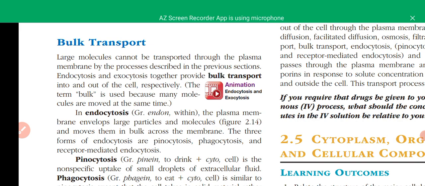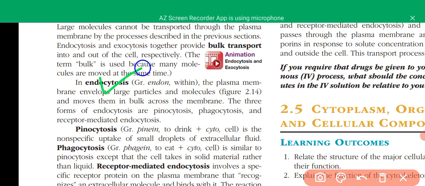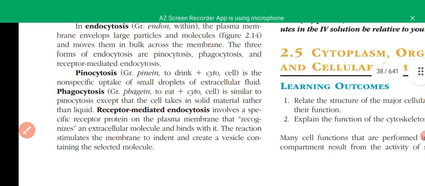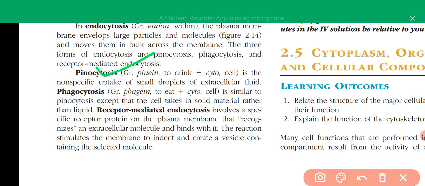In this way, the cell membrane gets involved: cell membrane can be used up or added in particular processes. Endocytosis is one in which large molecules and bulk molecules move inside the cells. It has two types: pinocytosis, the uptake of small droplets of extracellular fluid, and phagocytosis, in which solid material is taken inside the cells.